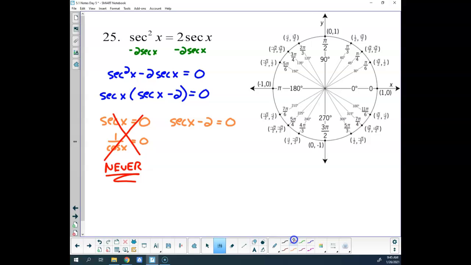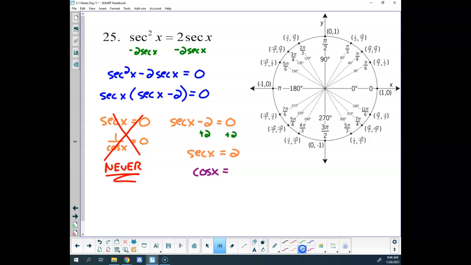Adding 2 here gives me secant of x equaling 2. If I reciprocate both sides, legal because I'm doing it to both sides, secant is 1 over cosine, so it would become cosine.